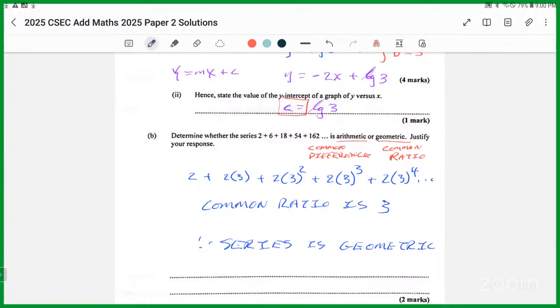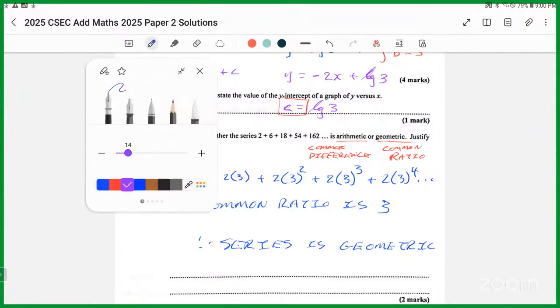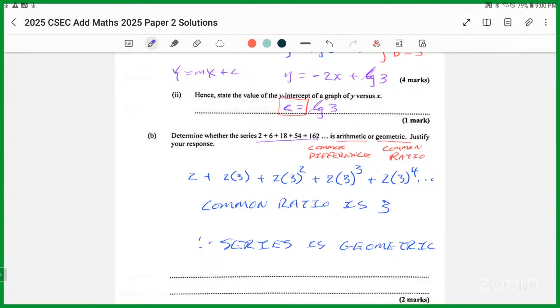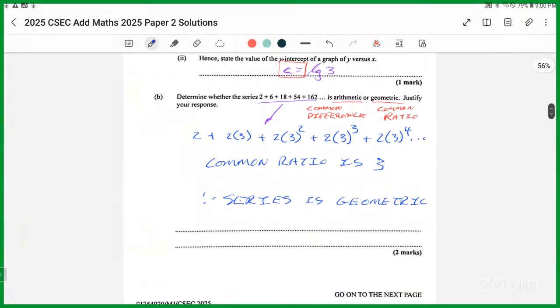All right, because it's a common ratio. So we have taken the series and put it in the form of a geometric series. All right, that is it. That's 2 marks for that.